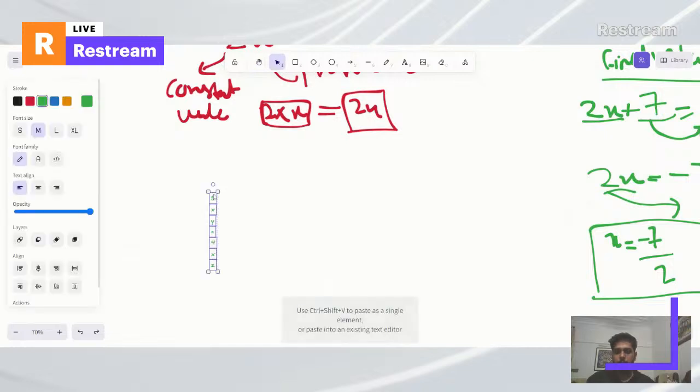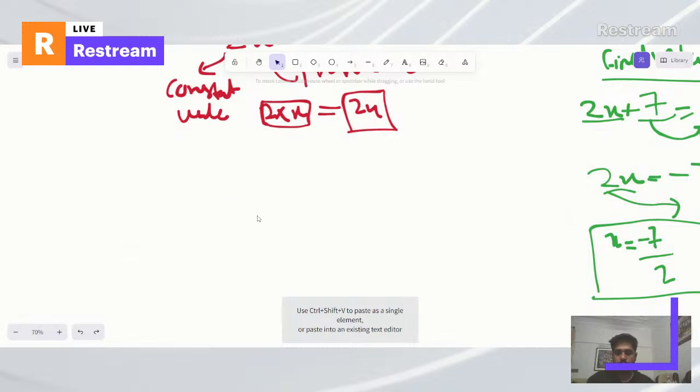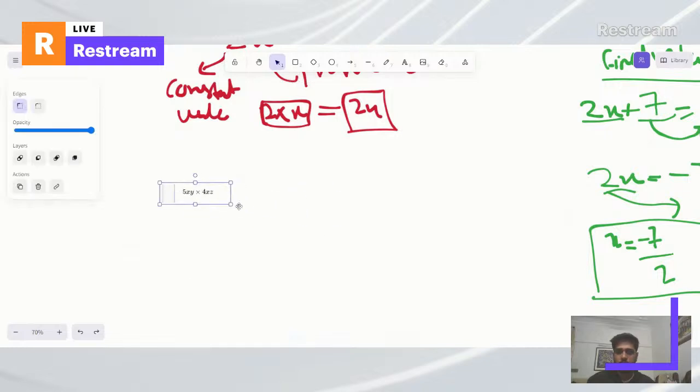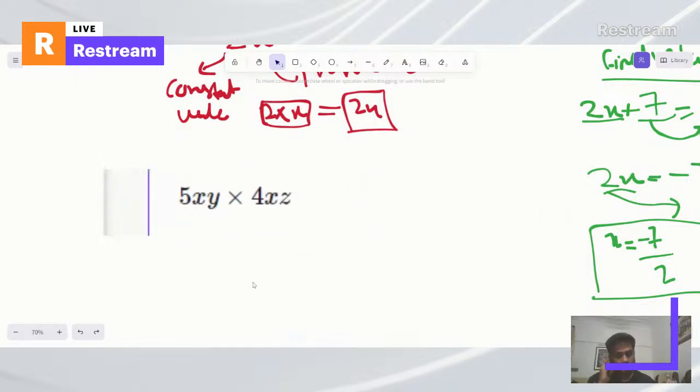Okay, so this is a question, right? 5x multiplied by 4x and then multiplied by z. So how do I simplify?